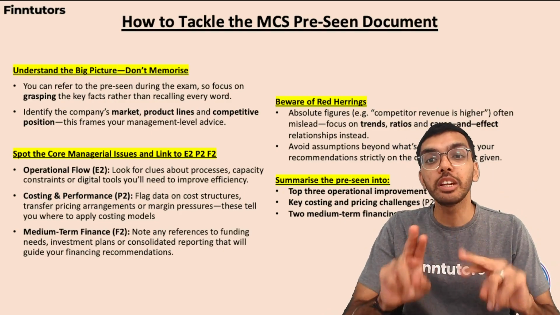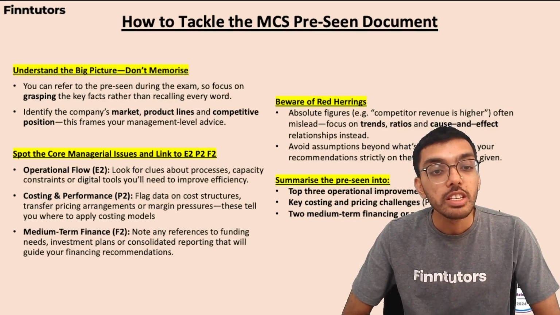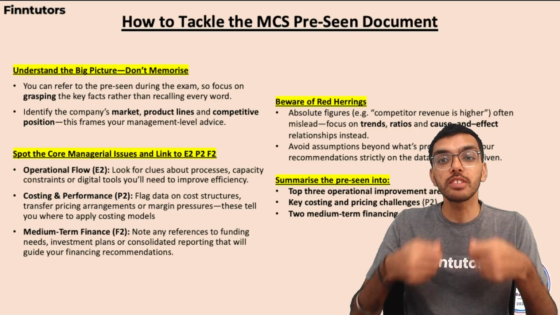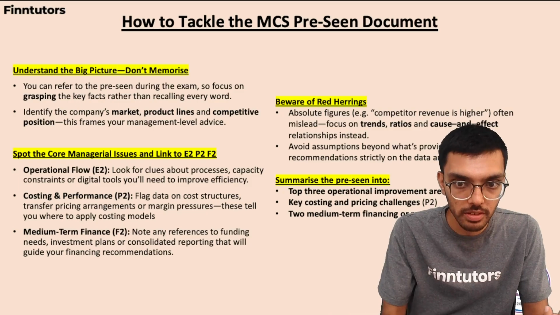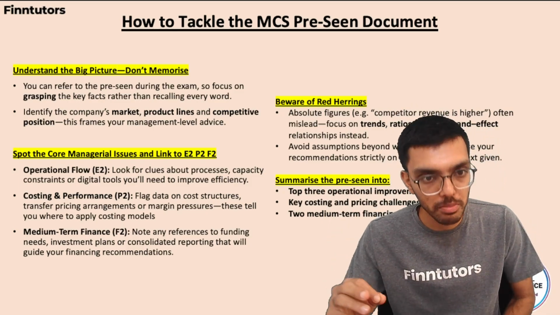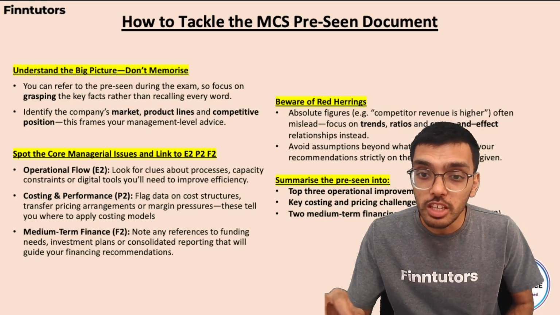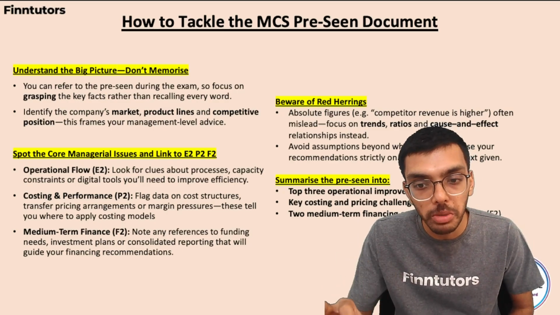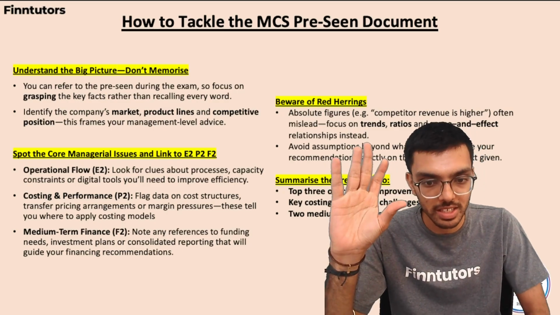Now to the second pillar of this exam. The second pillar of this exam is the pre-seen pillar. See, the pre-seen is going to be released to you months in advance. Your job is to be supremely comfortable with the pre-seen. The original CIMA pre-seen document will be available in the exam.